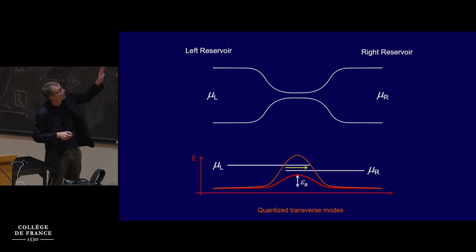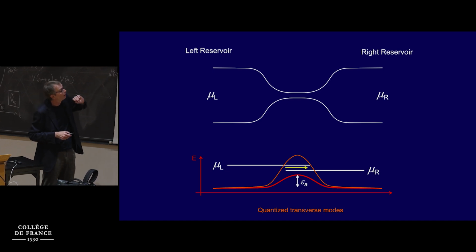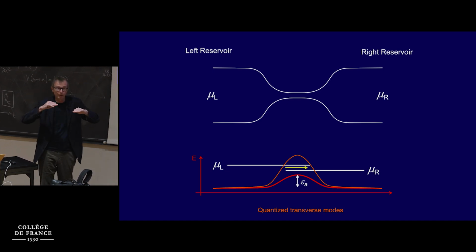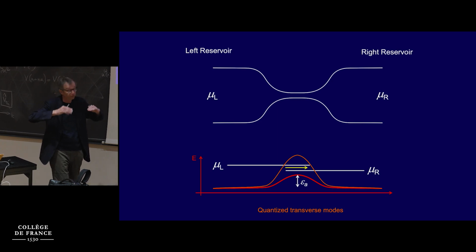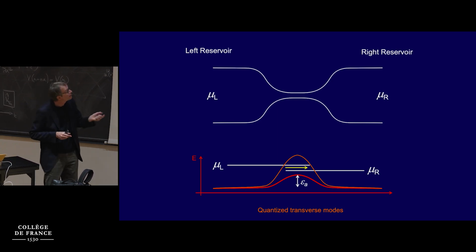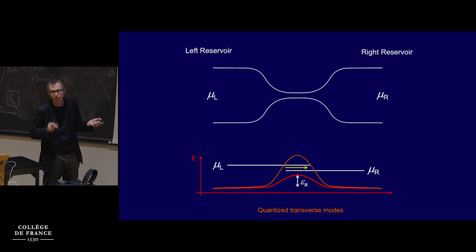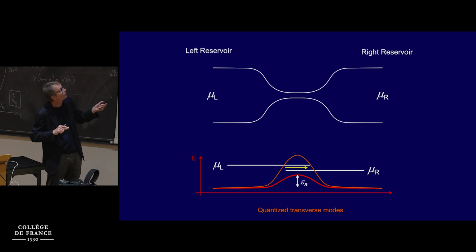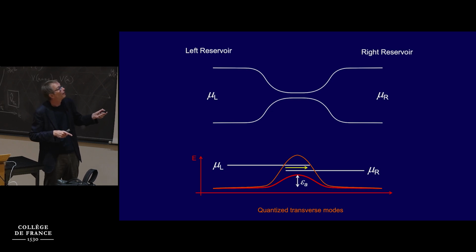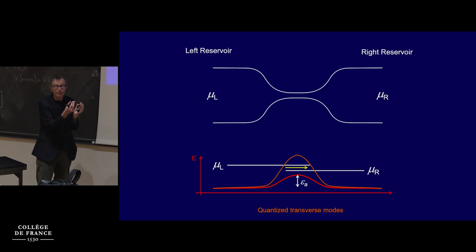So you have the left reservoir, the right reservoir, and we now assume that the different number of atoms will lead to a chemical potential difference that is small compared to the second transverse level. What do I mean by second transverse level? You can treat the direction along the channel just as momentum states, but in the transverse direction, you have to look at your levels in a quantized manner.